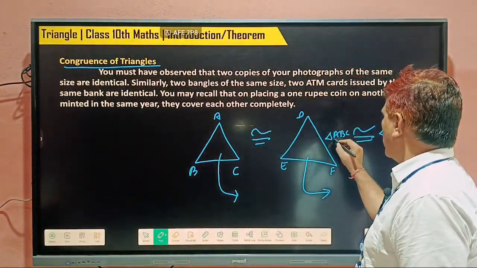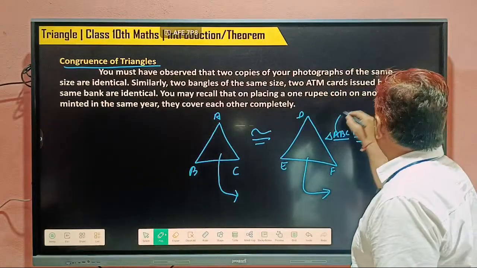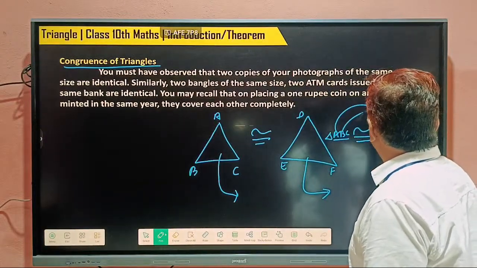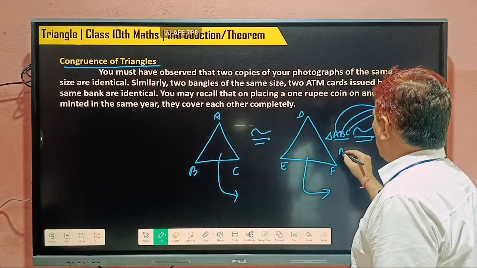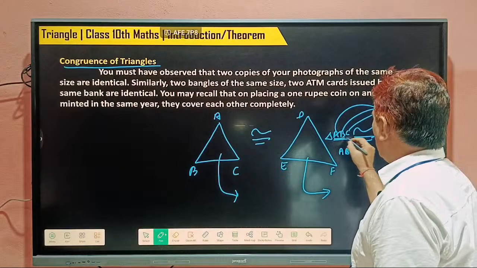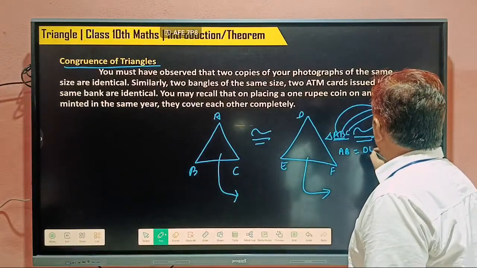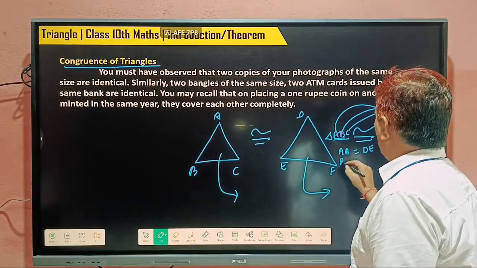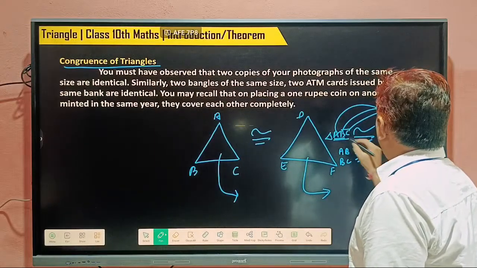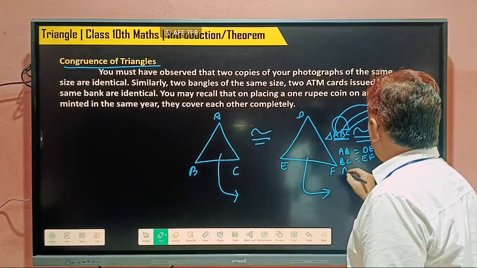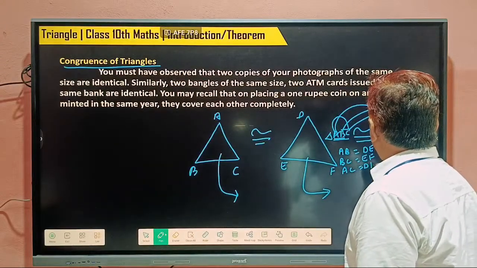Corresponding means this: if triangle ABC I have written, its correspondence is like this, A, B and this C. So AB is equal to DE. BC, last 2 I have taken, is equal to EF. First and last I have taken, AC equal to DF.